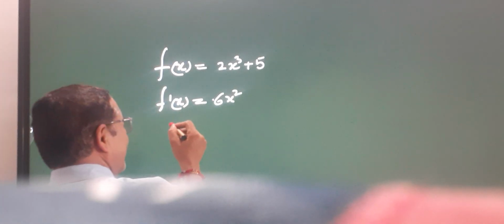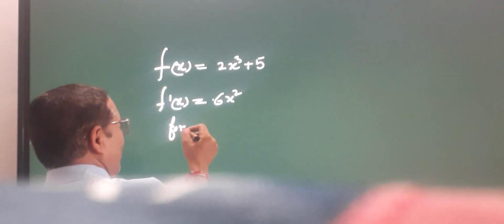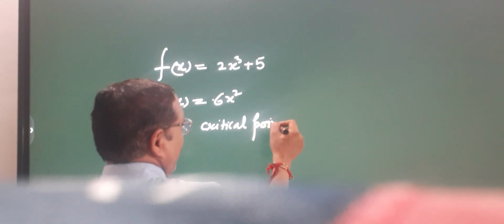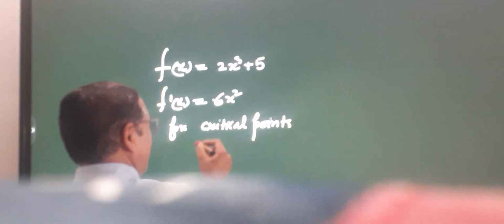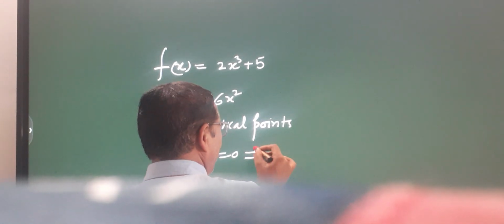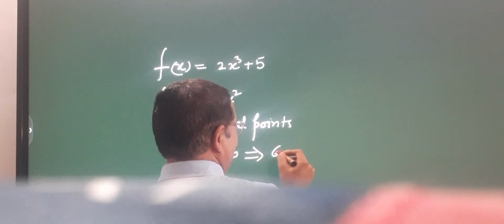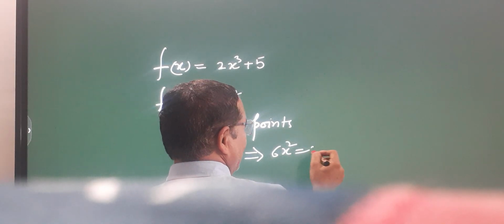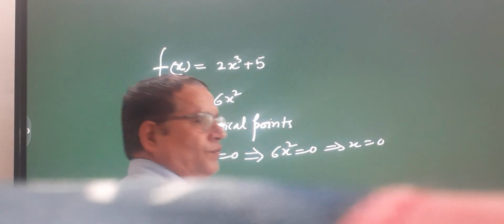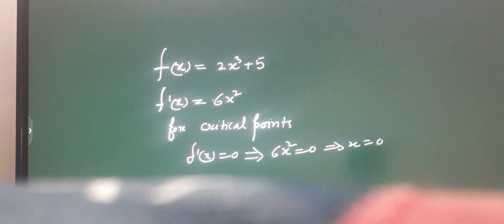So 6x square is equal to 0, and from here x equal to 0. So your critical point is 0.